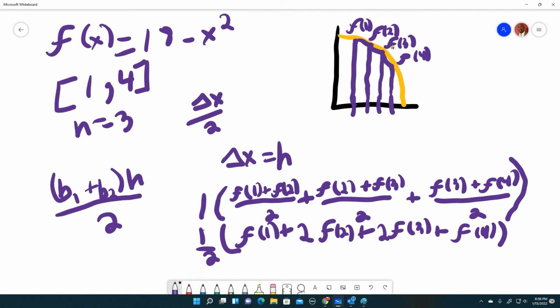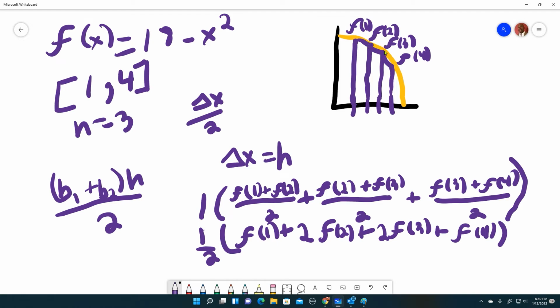If I do any problem using the trapezoidal rule, the numbers other than a and b, so other than f of a and f of b, will be doubled because they'll appear twice. If I look at these bases, every base other than the first and the last appears twice. For instance, f of 2 is a base for this trapezoid from 1 to 2. It's also a base for the trapezoid from 2 to 3.